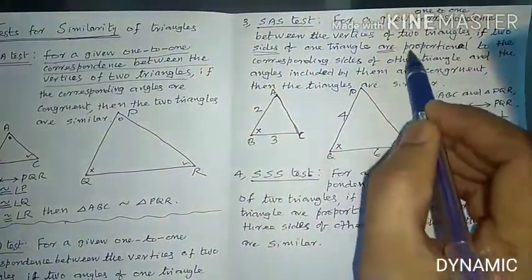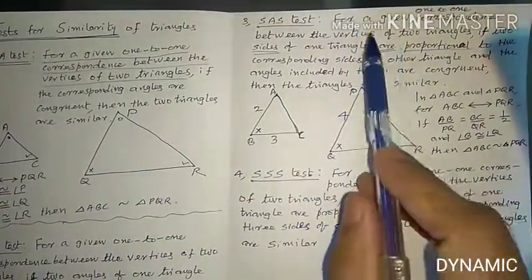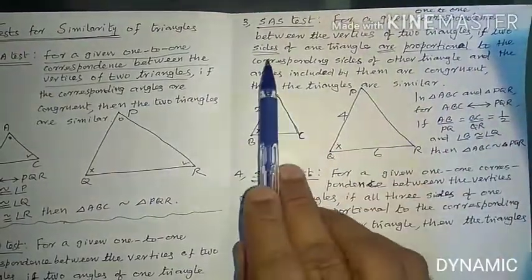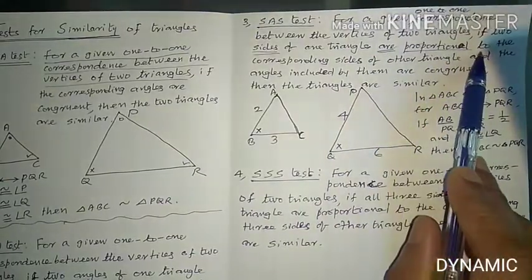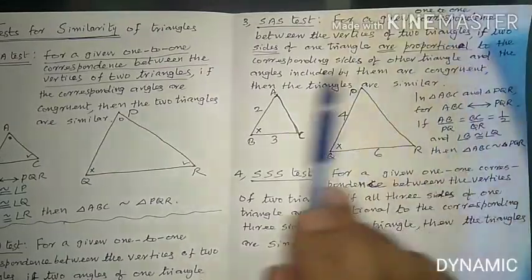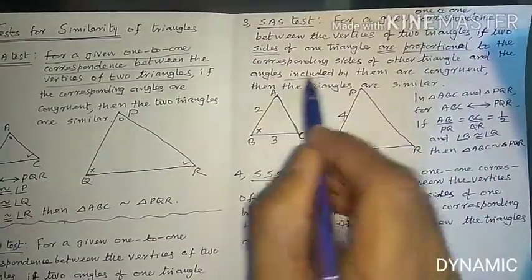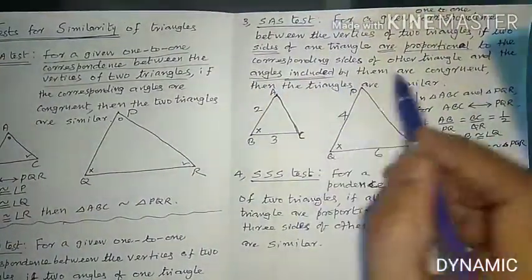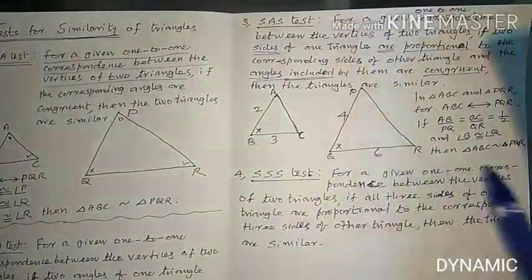For a given one-to-one correspondence between the vertices of two triangles, if two sides of one triangle are proportional to the corresponding two sides of the other triangle, and the angles included by them are congruent, then the triangles are similar. Included angle, very important.